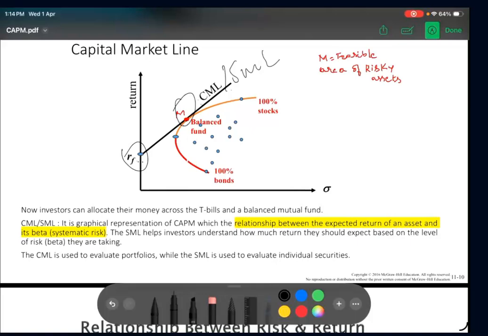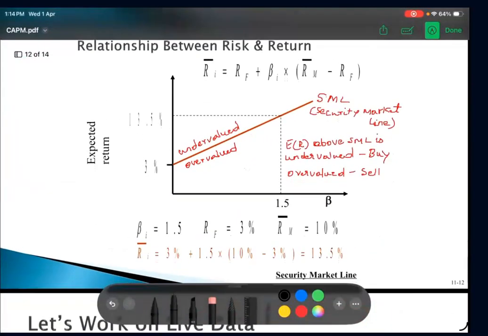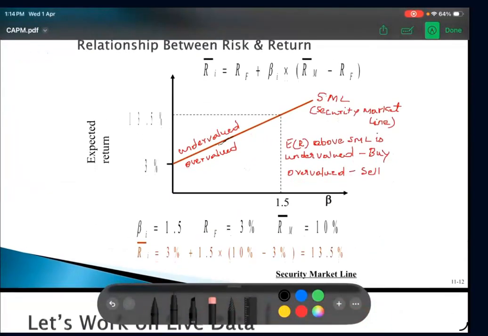So if it is above the security market line, it is undervalued, which means that you can buy the particular stock. But again, remember the disclaimer: it's important that you look into firm-specific risk, because a few minutes back we understood that total risk equals market risk plus firm-specific risk, and here we are trying to see only the market risk and not the firm-specific risk.